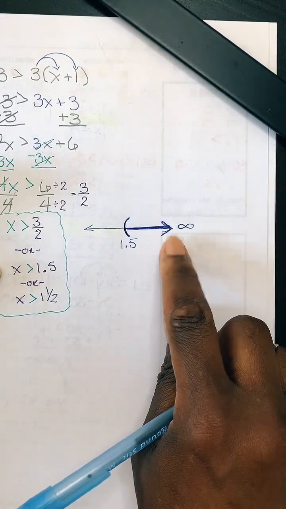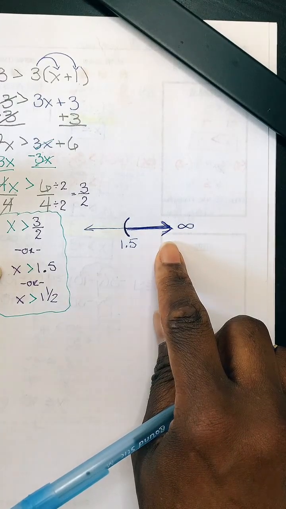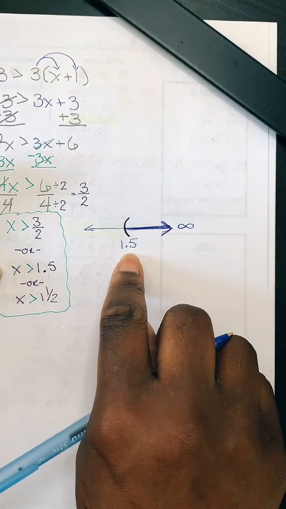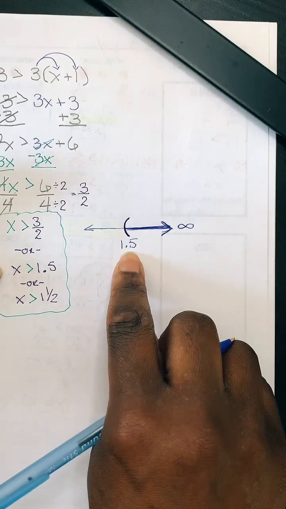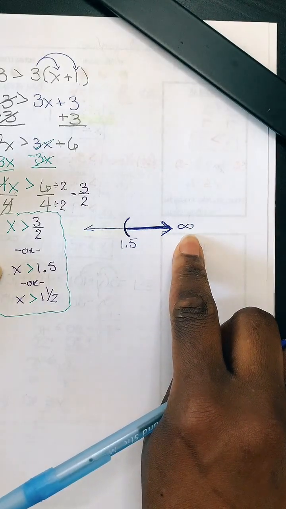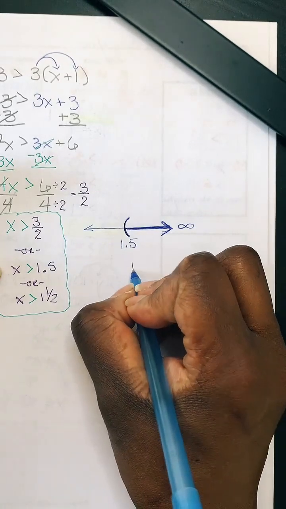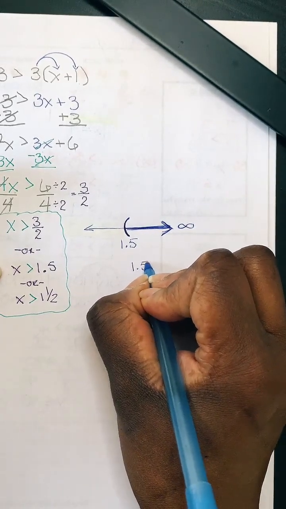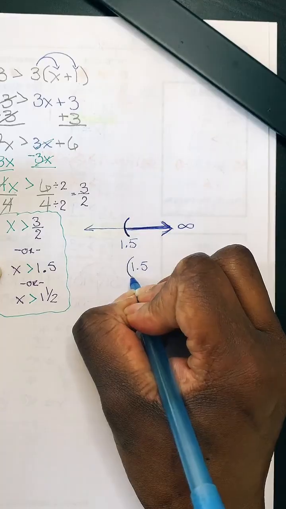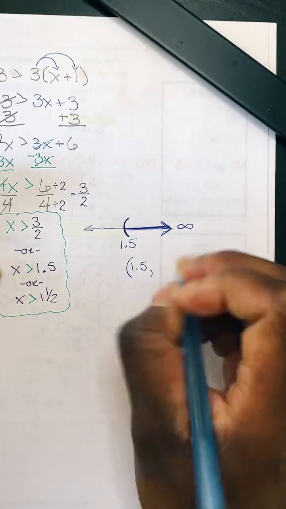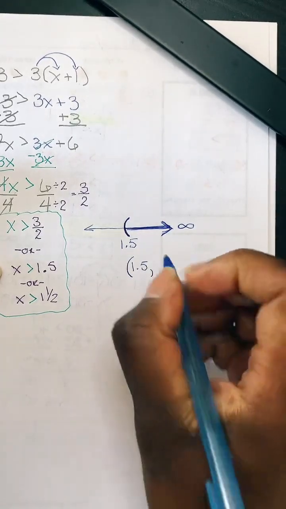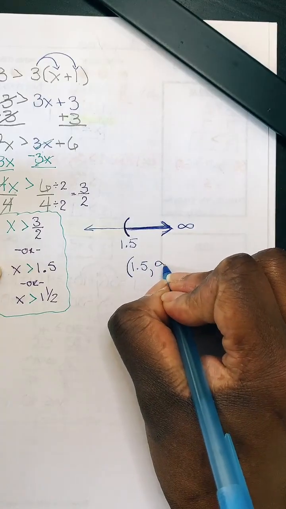So if I wanted to write it as an interval, I will start with my lowest number, because 1.5 is definitely less than infinity. So I start with my 1.5 and it's going to be a parenthesis, meaning it's not including, and it's going all the way to infinity.